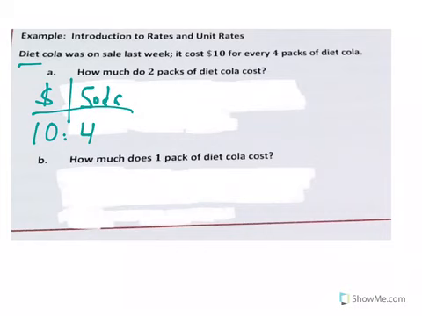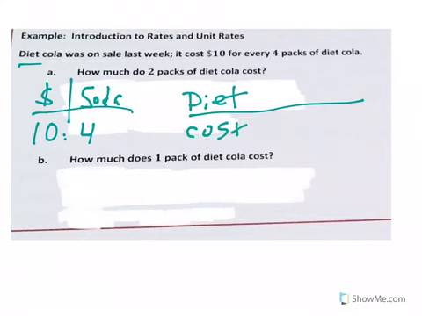Well, there's a lot of things we can do, but we can make a chart, right? We'll say Diet Cola and cost, and we'll make ourselves a little chart here. We can just extend this, right?